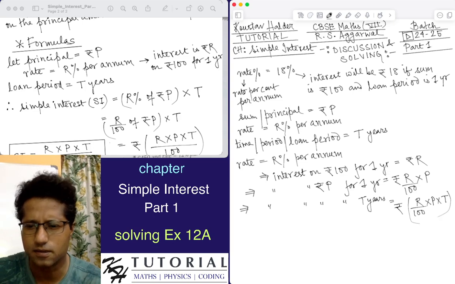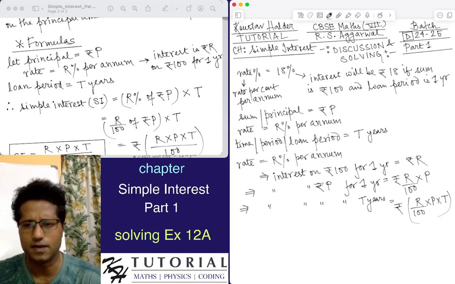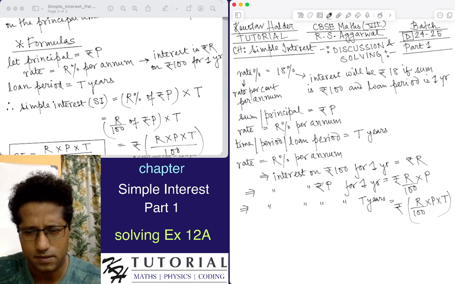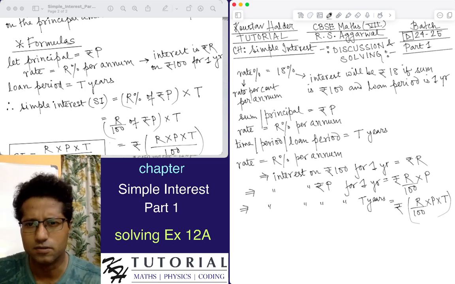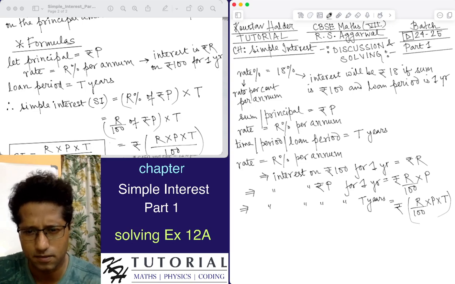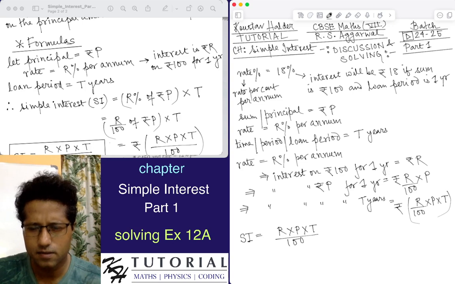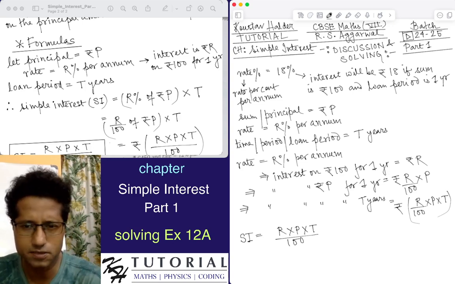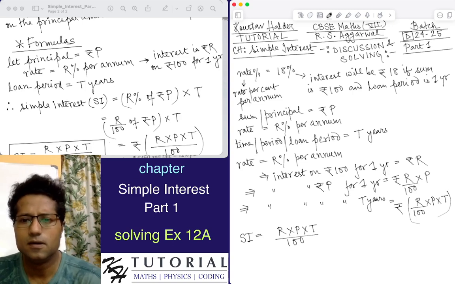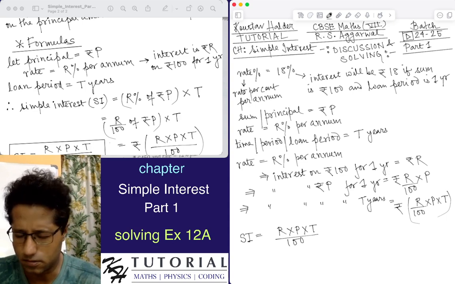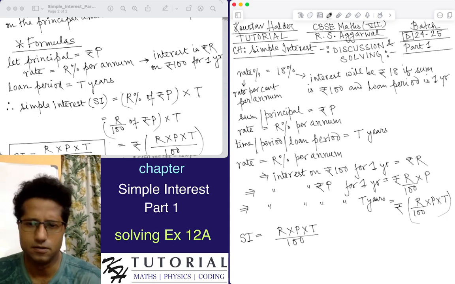This is exactly the formula that you see on the left hand side. So the total simple interest on the principal P based on the rate percent R for T years becomes SI, that is simple interest, equals R into P into T by 100, where R is the rate percent per annum, P is the principal amount, and T is the loan period or the time period in years.